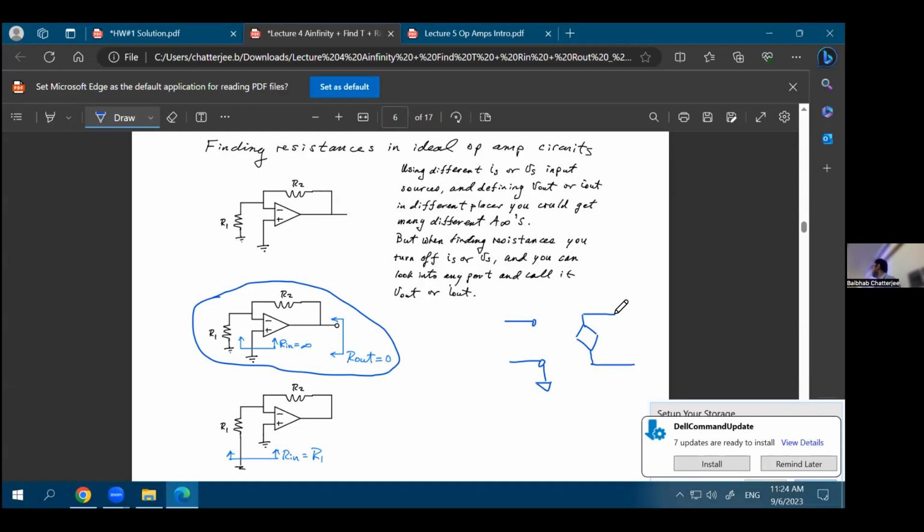This is the linear model of the op-amp: you have Vin over here and you have A times Vin, and we are assuming a perfectly ideal op-amp. So you have an infinite input impedance, so the input side is open. You have zero output impedance, so it is a short. And from the output side, this is your output point, you have an R2 resistance.